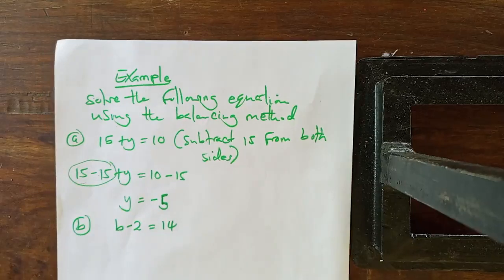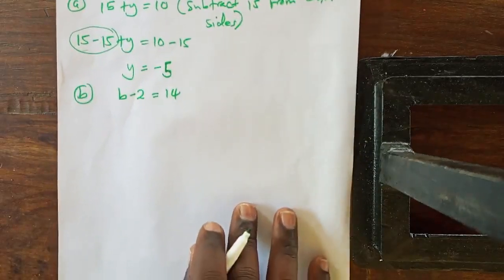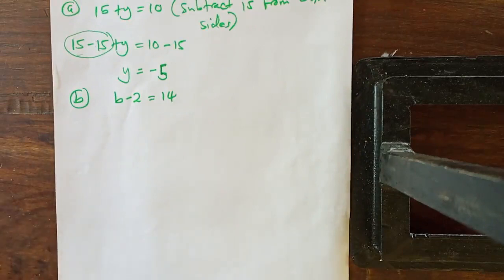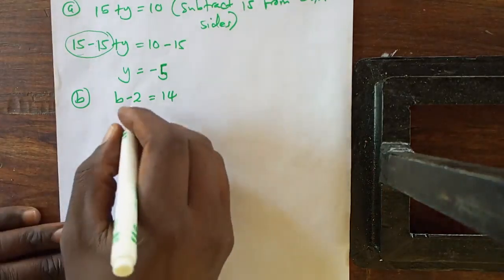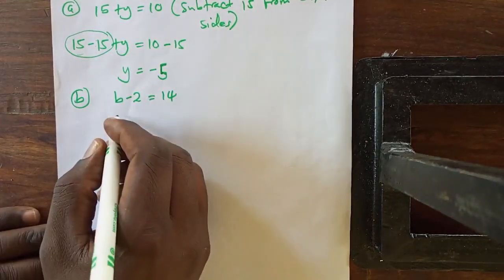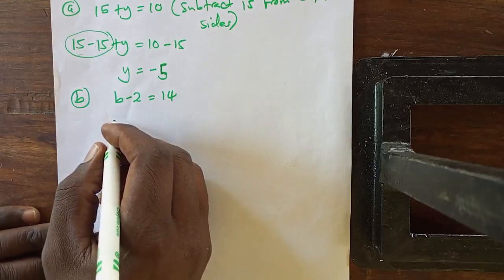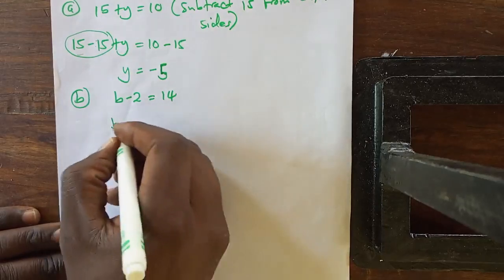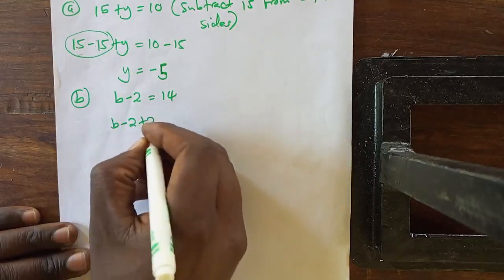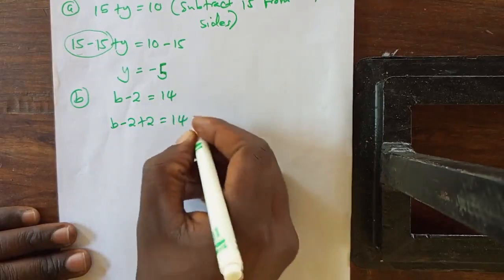So in this case, we have to find the value of b, where we have to remove 2 to the other side, and you have to find b alone there. So to remove 2 here, you have to add 2 in both sides. So you have b minus 2 plus 2 is equal to 14 plus 2.